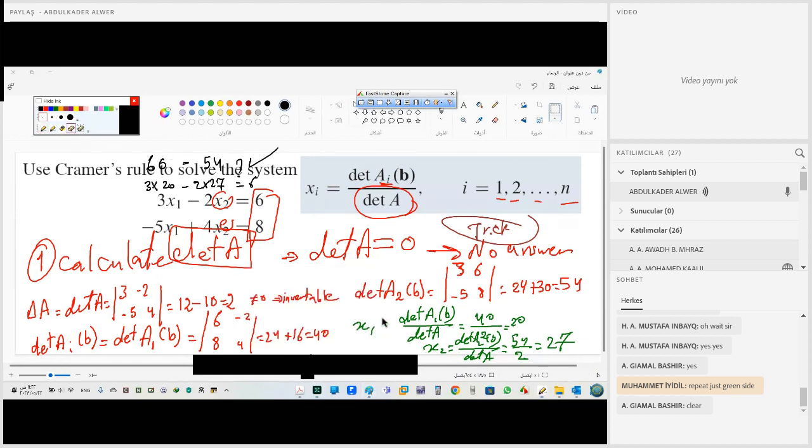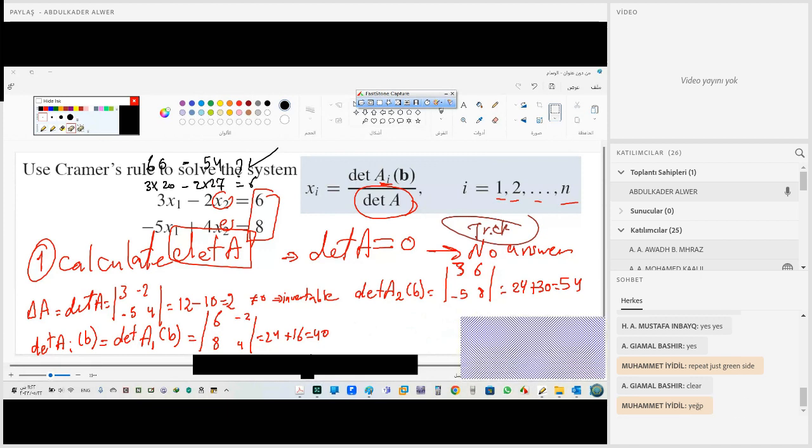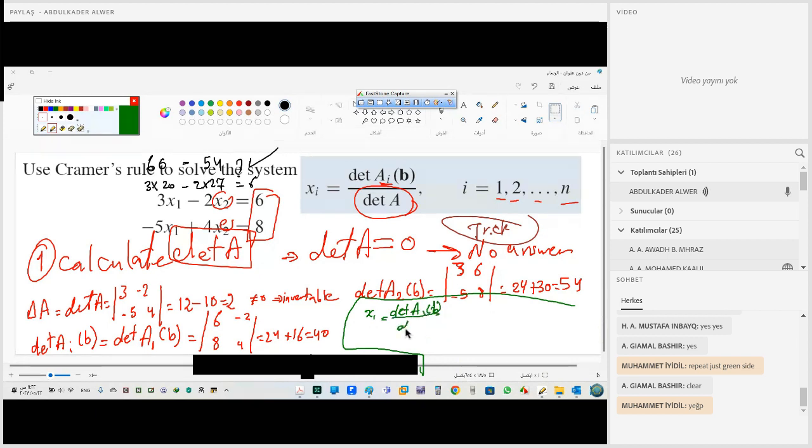Let's cancel this one. Okay Muhammad, let's calculate the green one. Now, x1 is delta A1(b) over det A, it is 40 over 2, equal 20.